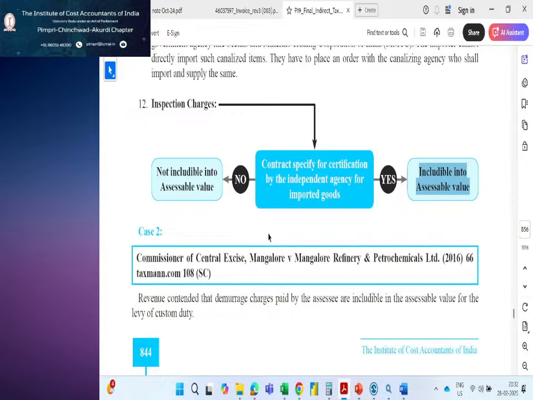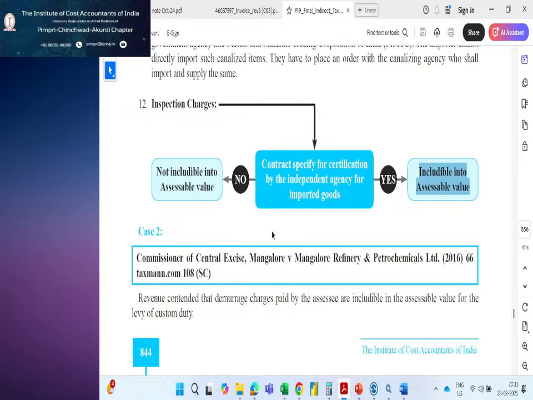In this valuation, we are seeing how we are going to determine the value of imported goods. Tomorrow, if you get a chance to go through any bill of entry of your company or any organization where you are working, under assessable value, see what items have been considered while calculating the duty amount.